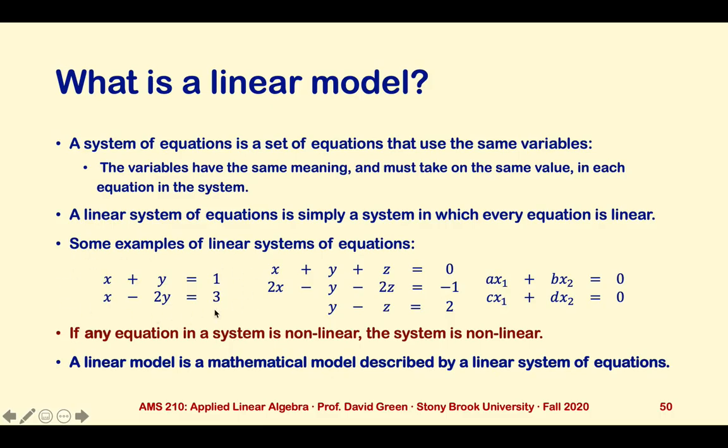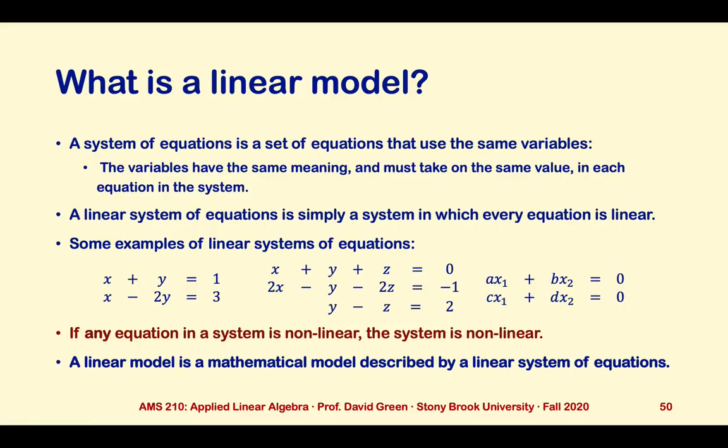A two equation system with two variables. A three equation system with three variables, x, y, and z. A two equation system with symbolic constants a, b, c, and d, and two variables, x1 and x2.